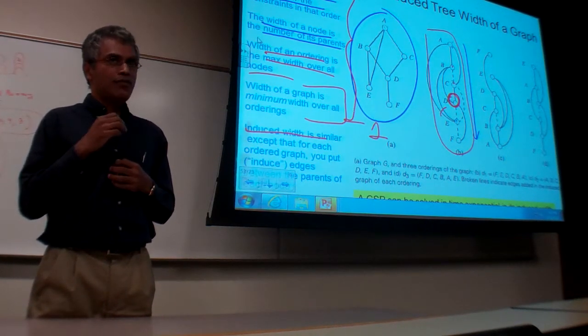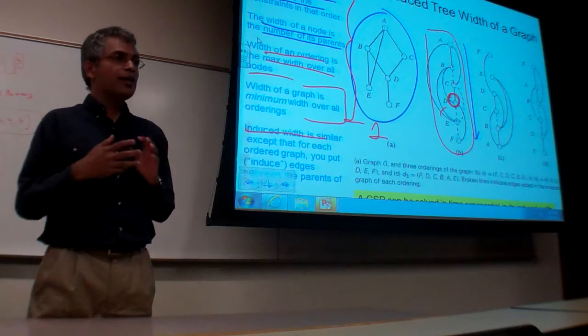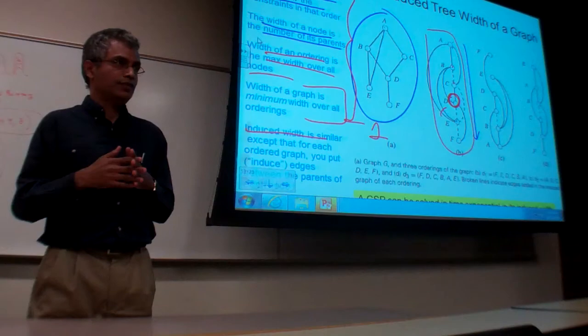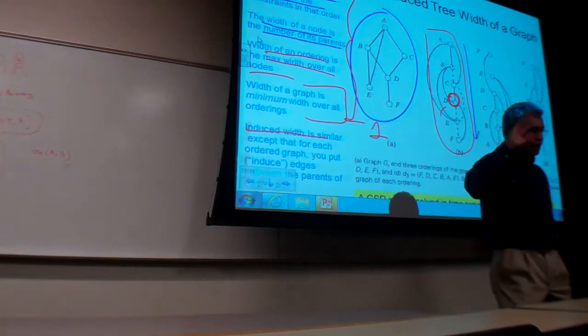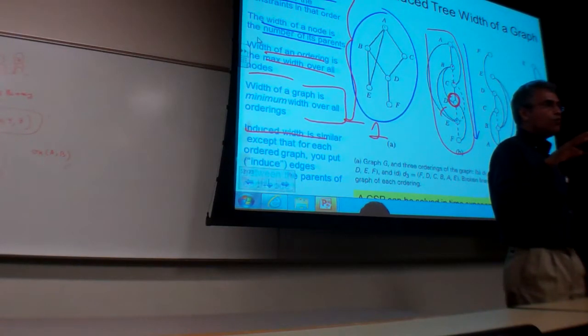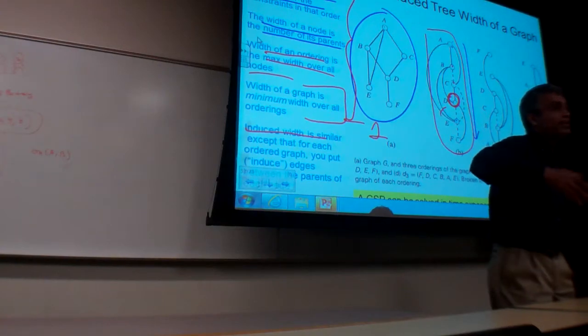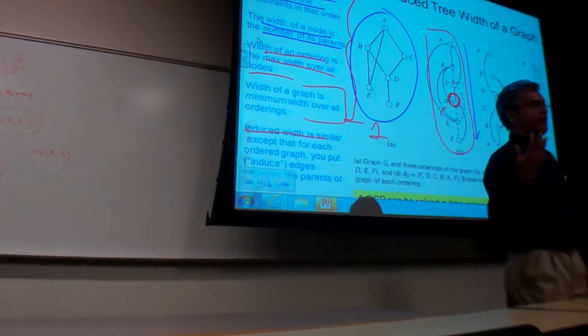However, there are greedy algorithms that will give you reasonable approximations. Reasonable approximations means if the induced width of a graph is 3, you more likely will approximate it as 4 or 5 or 6, so you will wind up overestimating the width.